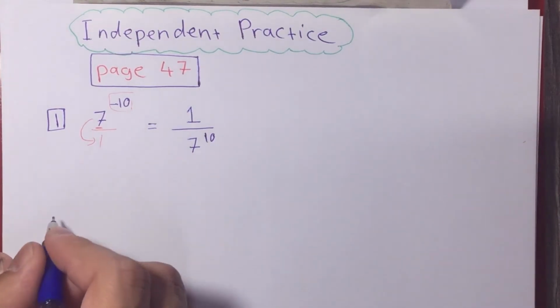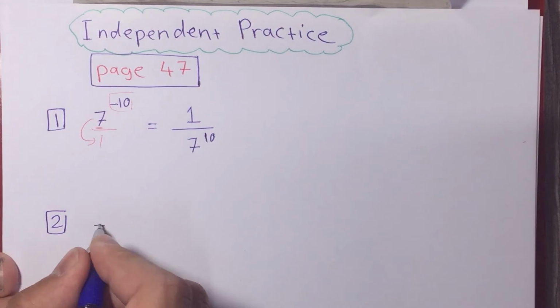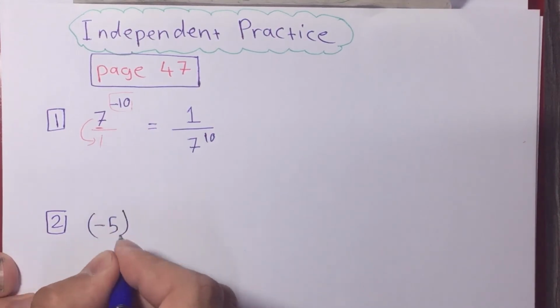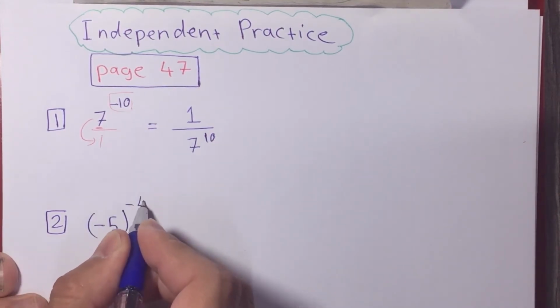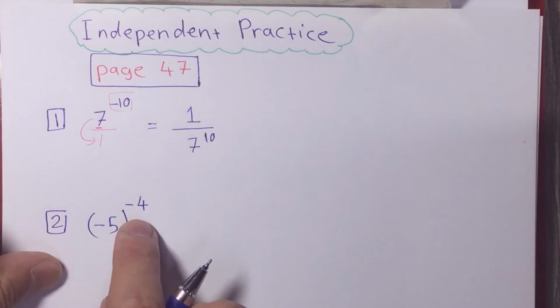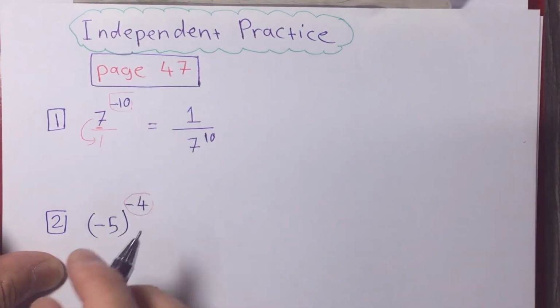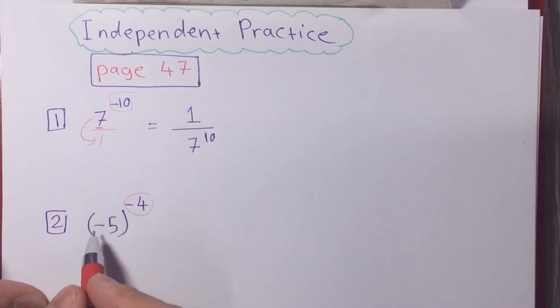Okay, what about number 2? Number 2 is negative 5 to the power of negative 4. So how can we calculate this? We just start by getting rid of this negative exponent. It's the same process.